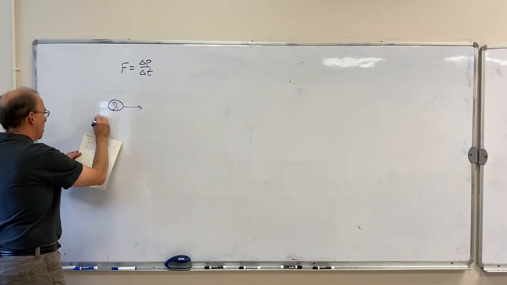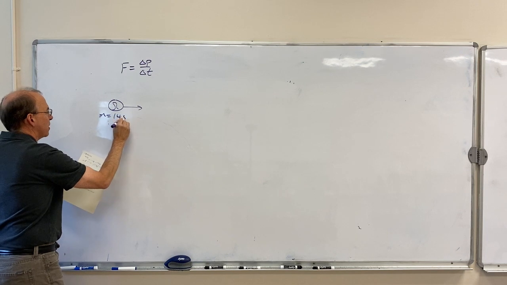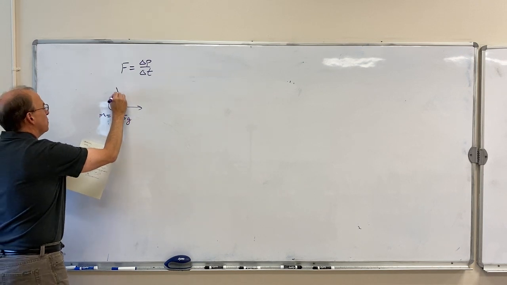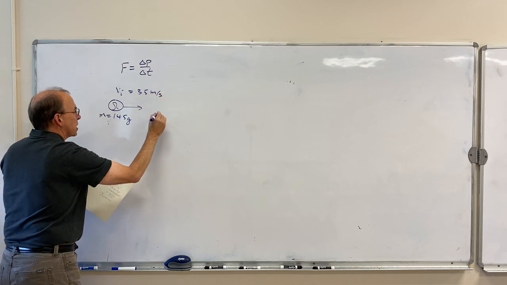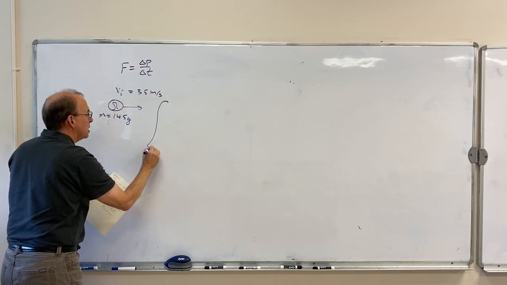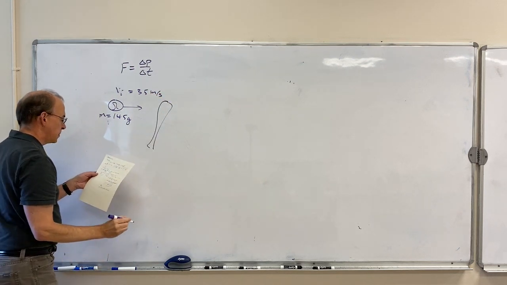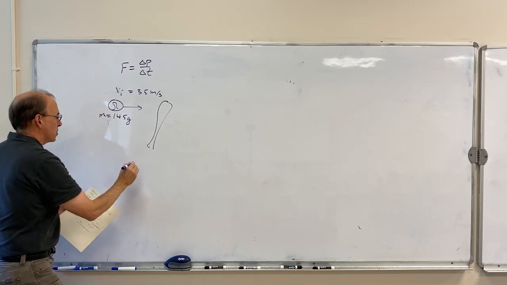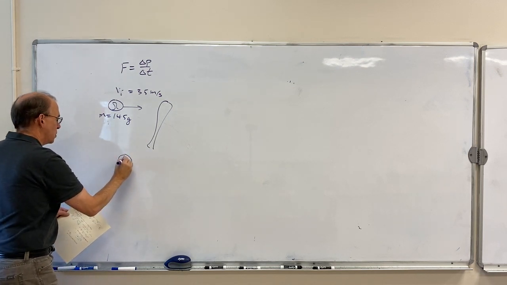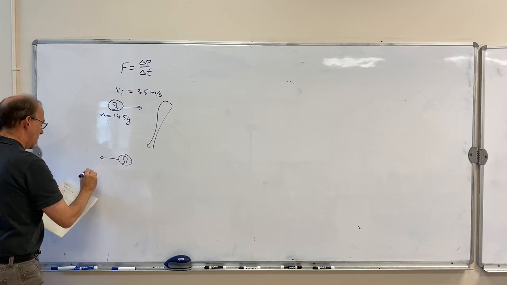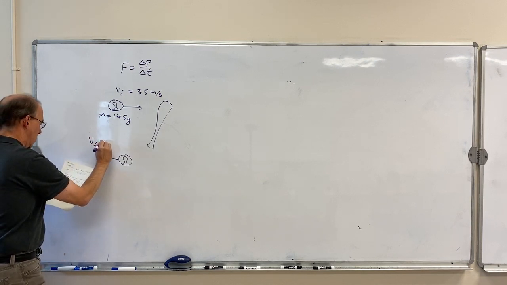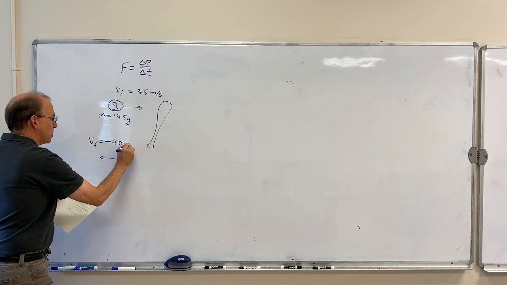So here's our baseball, it has a mass of 145 grams. It's moving with an initial velocity of 35 meters per second, and it's struck by a bat. And afterwards, the baseball is moving the other way, still has the same mass, has now v final of minus 40 meters per second.